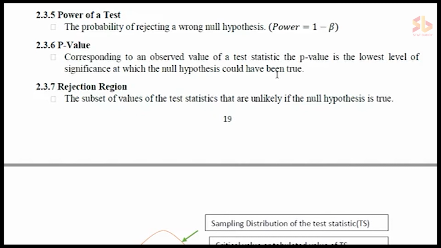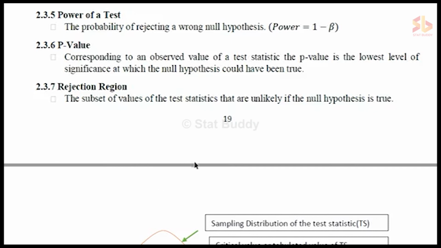For convenience, we can calculate the probability that a particular observation from this distribution is greater than or less than these critical points. So that is the probability.